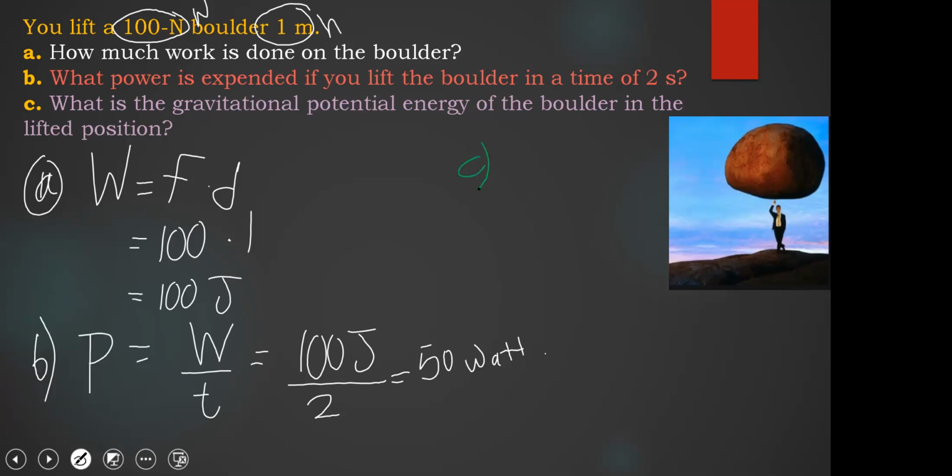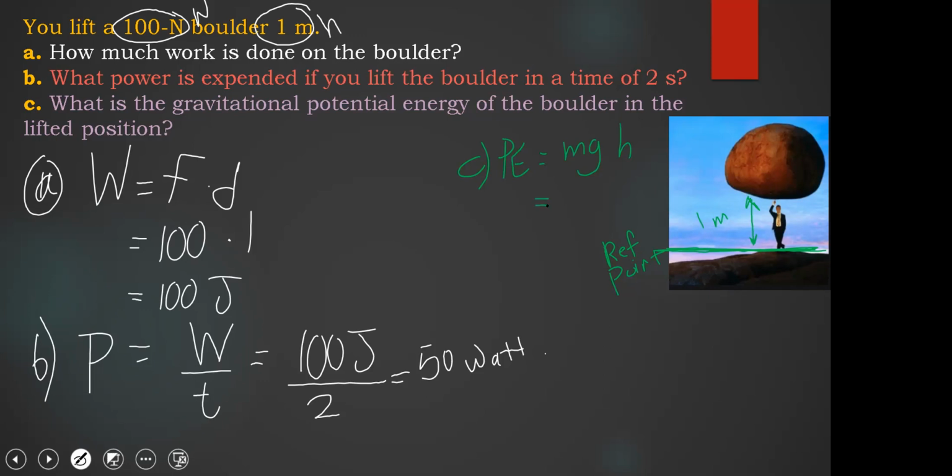Now let's solve C. What is the gravitational potential energy? Now we imagine that this is our reference point. So I mean that he's lifted the boulder 1 meter. So the potential energy here is m times g times h.